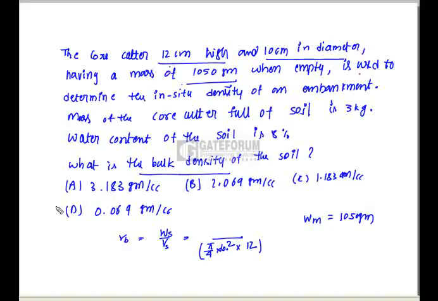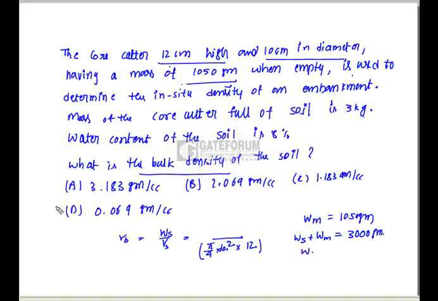When empty, it is used to determine the in situ density of an embankment. The mass of core cutter full of soil is 3 kgs. Mass of soil plus mass of empty mold is 3000 grams.